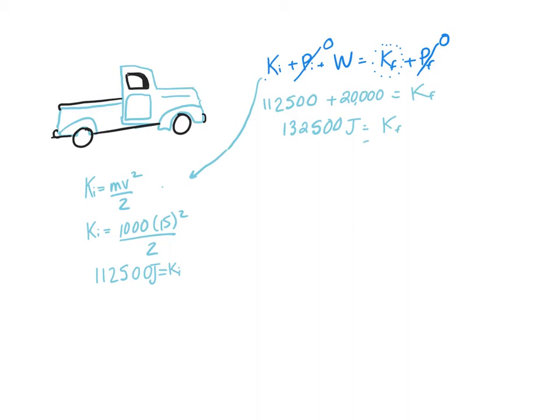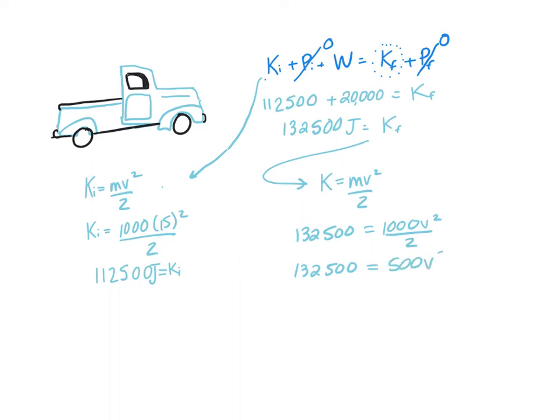We can use it to find our velocity by doing mv squared divided by 2. So 132,500 equals our mass, again 1,000, times V squared divided by 2. I think the easiest is to do 1,000 divided by 2. So 132,500 equals 500 V squared.